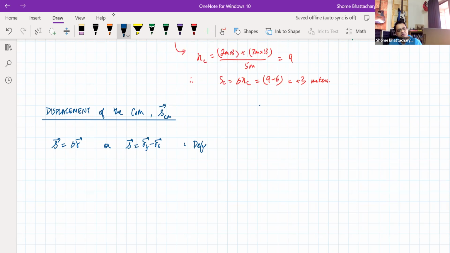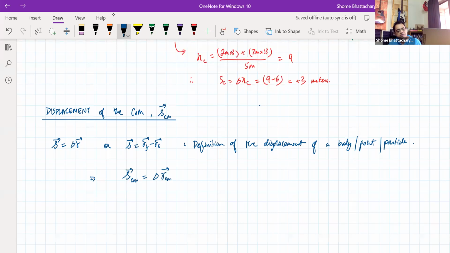This is the definition of the displacement of an object or whatever. So therefore, the displacement of the center of mass should be nothing but the change in position of the center of mass.